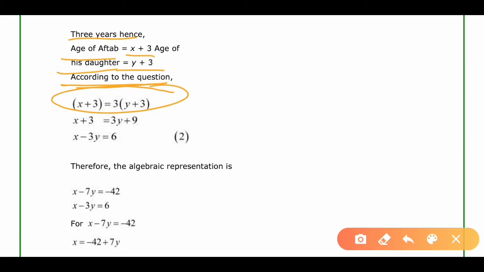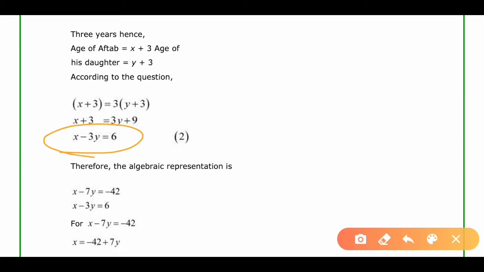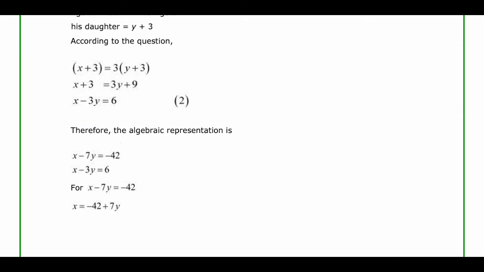So we can write this equation, x plus 3 is equal to 3 into y plus 3. After solving this, we'll get the second equation, x minus 3y is equal to 6. Clear? Now we have two algebraic equations, equation number 1 and equation number 2.